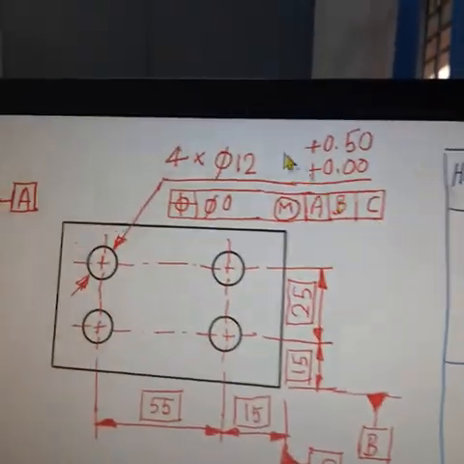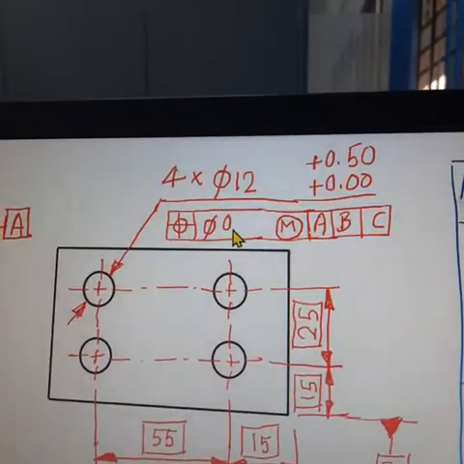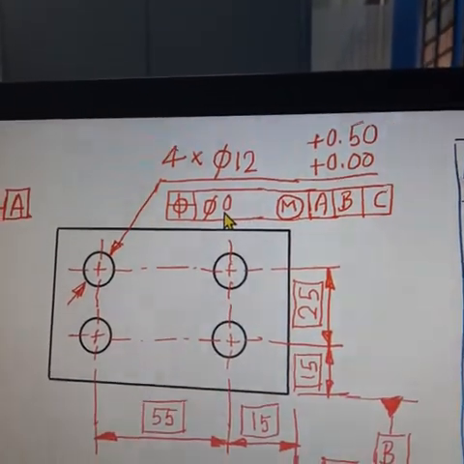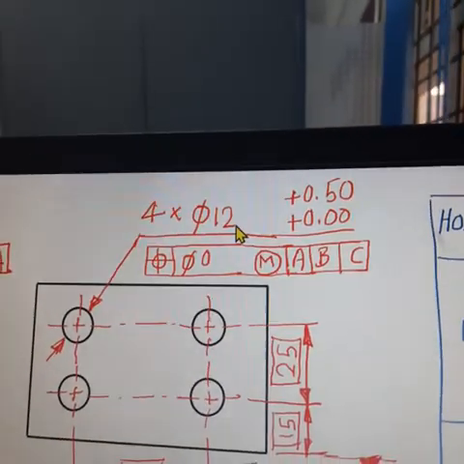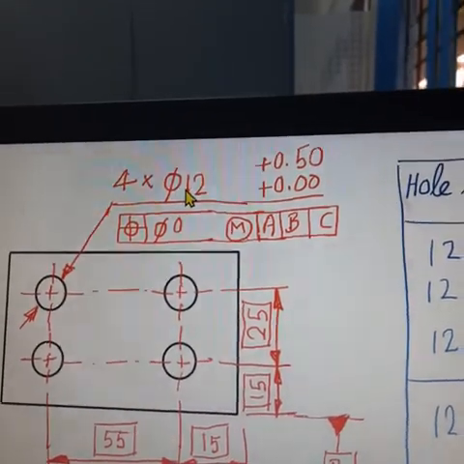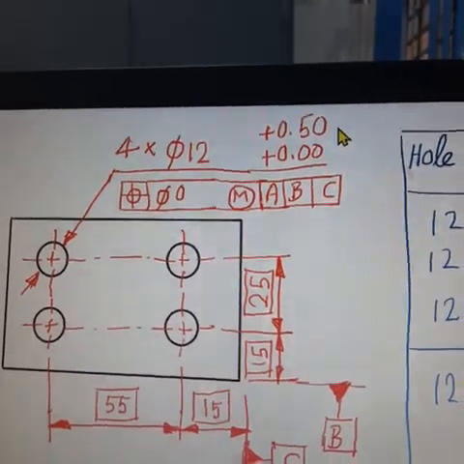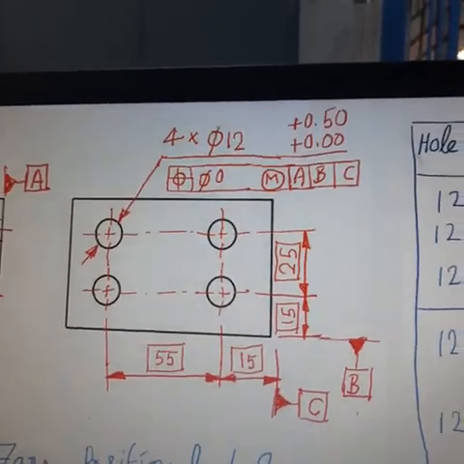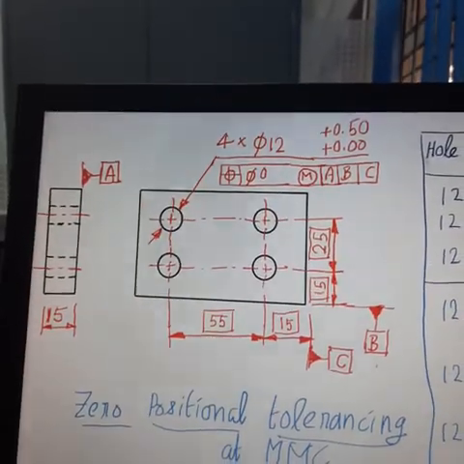So when the hole size is 12 mm, the applicable value of position tolerance is 0. We have changed this to 0 and changed the size to 12. Since we don't want to change the upper limit, it is retained: 12 plus 0.5 is 12.5. This is how we convert a drawing using zero position tolerancing.